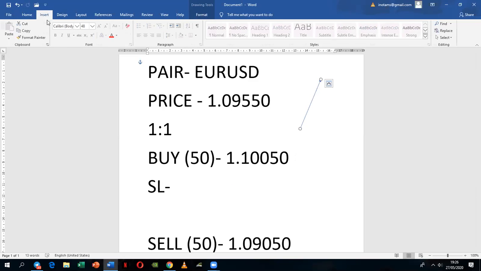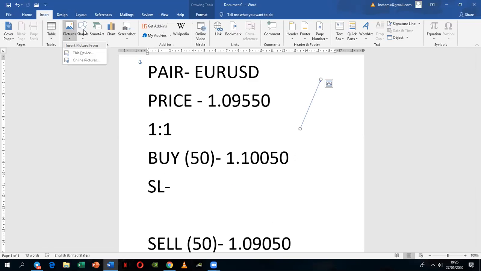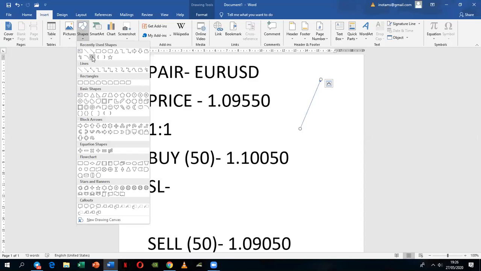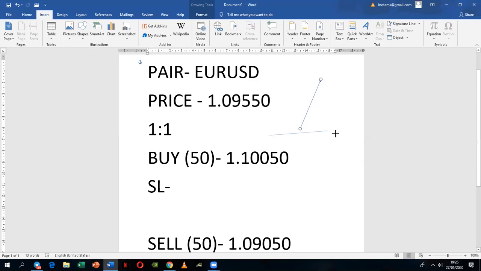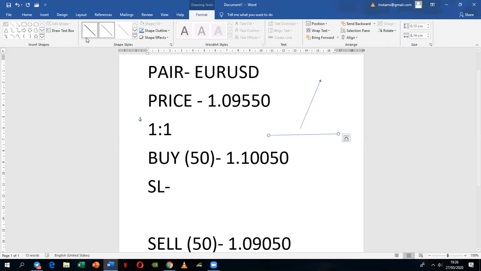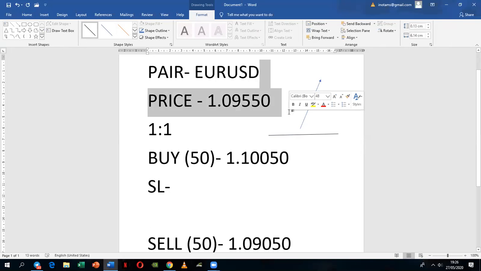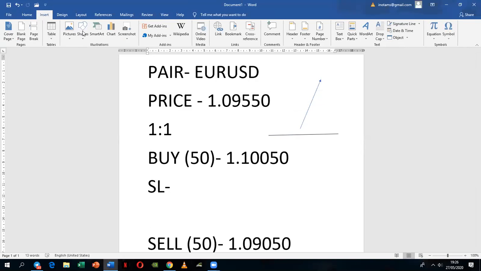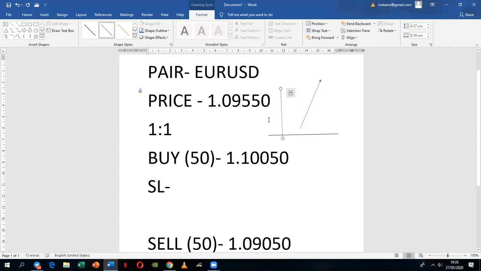I don't know if I can try to do a small chart here. So let me do a small chart here. So this is the graph for Euro USD.